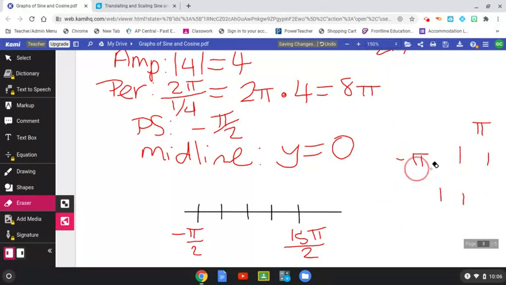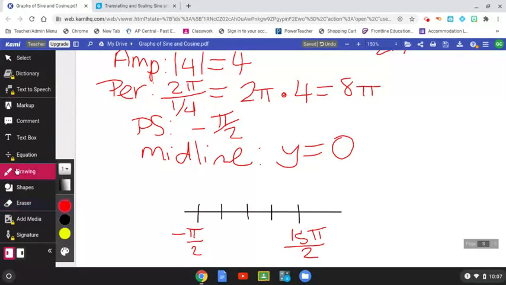So to do that, we would add negative pi over 2 plus 15 pi over 2, which will give us 14 pi over 2.